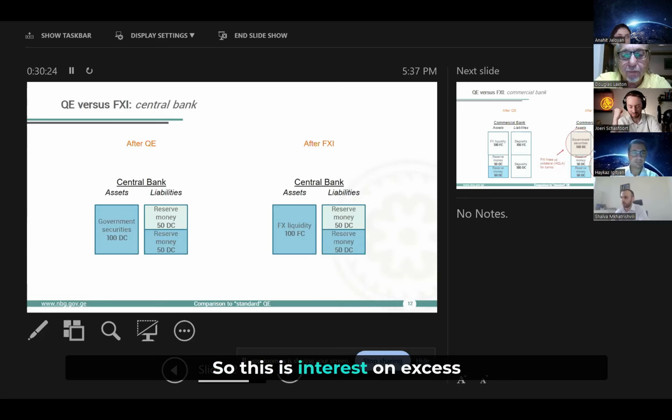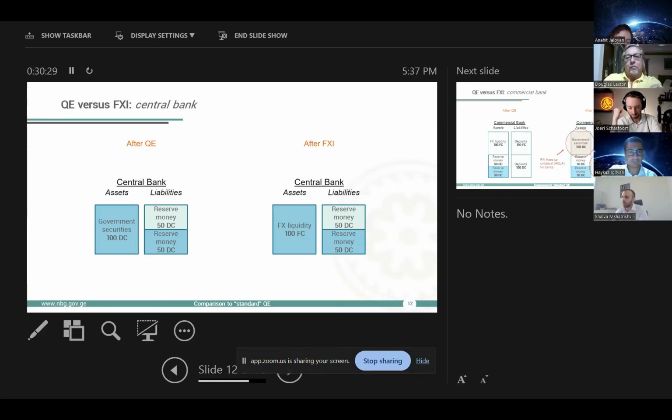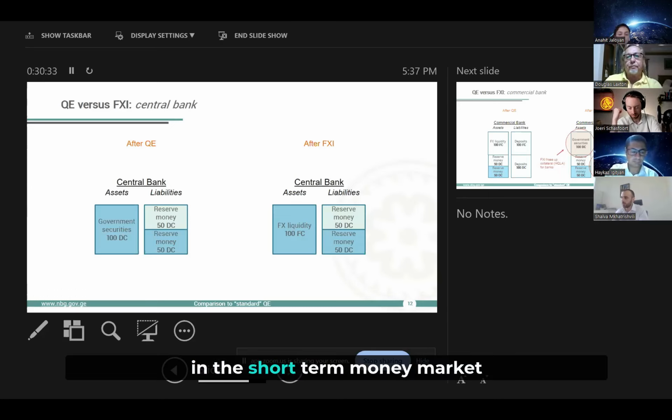This is interest on excess reserves, and this makes sure that in the short-term money market, interest rates are unchanged, because if the central bank is paying you the same interest rate, you don't have any incentive to ask some other private agent to pay you a different interest. So interest rates in the short-term money market remain the same because central banks manage their balance sheet and pay interest accordingly.